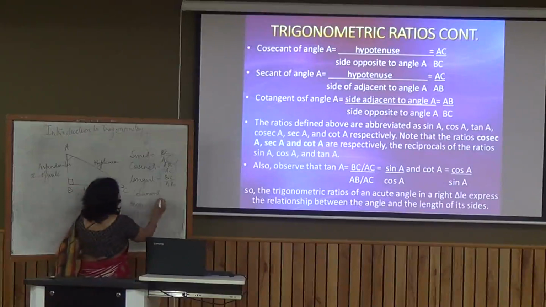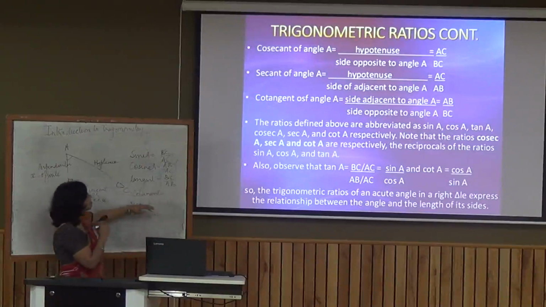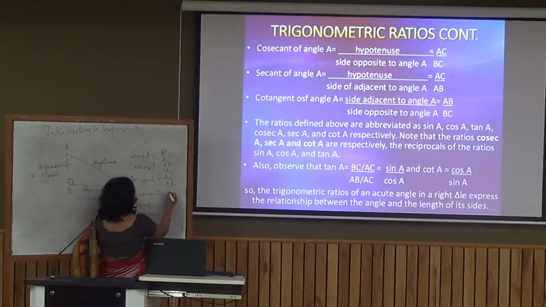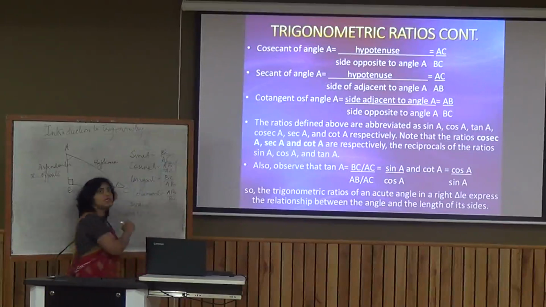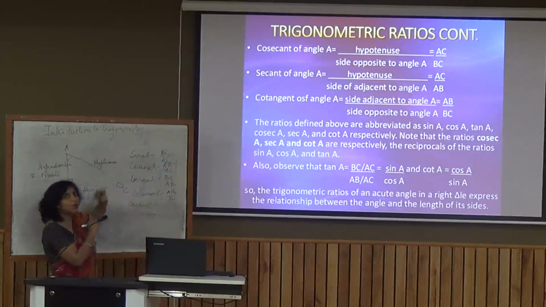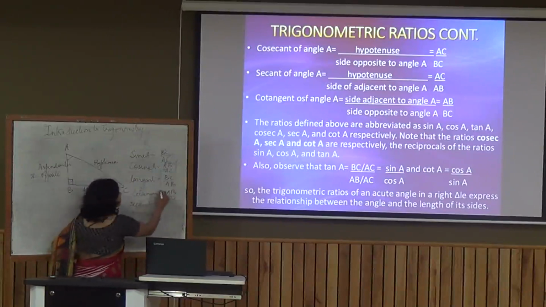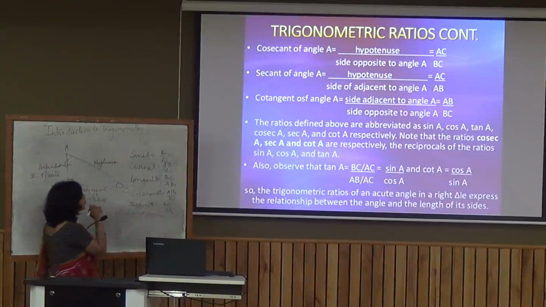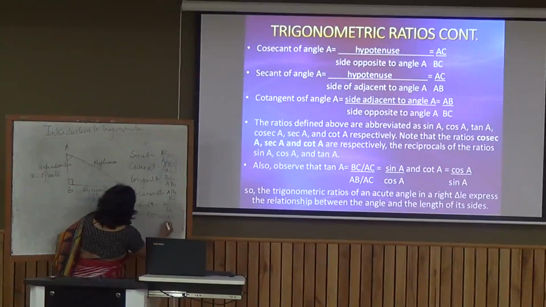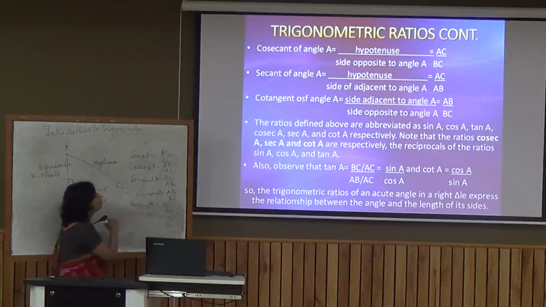Then cotangent is the reciprocal of tangent, so this is AB upon BC. Secant is the reciprocal of cosine, so AC upon AB. Then we have cosecant, which is the reciprocal of sine, so it becomes AC upon BC.